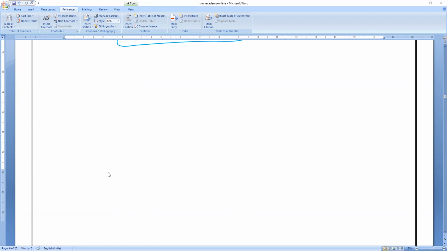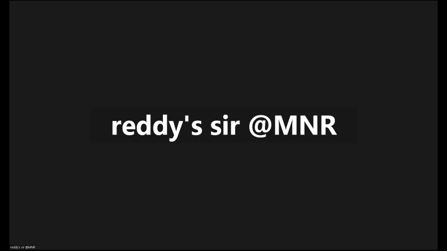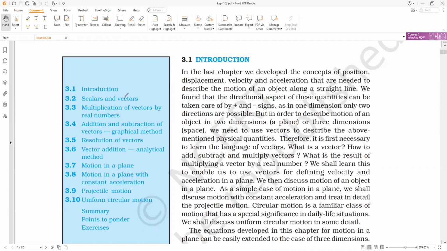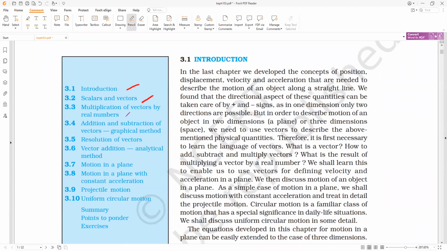If you take motion in a plane, of course, we are not only studying from NCERT. Whatever we are studying is for the common syllabus for all the exams also. You can notice it. Here you can see: introduction to scalars and vectors, multiplication of vectors by real numbers, addition and subtraction by graphical method, resolution of vectors, vector addition, analytical method.